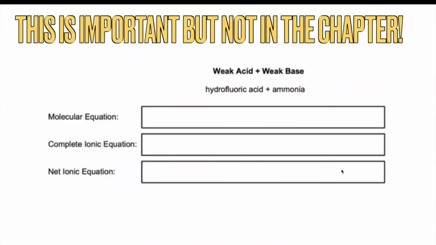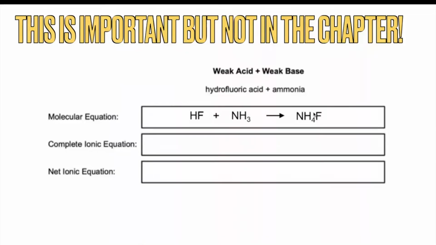Weak acid, weak base, hydrofluoric acid and ammonia. All right, HF and NH3. A lot of times people think hydrofluoric acid is a strong acid, but it's not on our list of strong acids, so it's not. Okay, can you predict what's going to happen? Well, the H is going to move from here to here. That's going to make ammonium. Fluoride is going to be left over, and that has a negative charge.